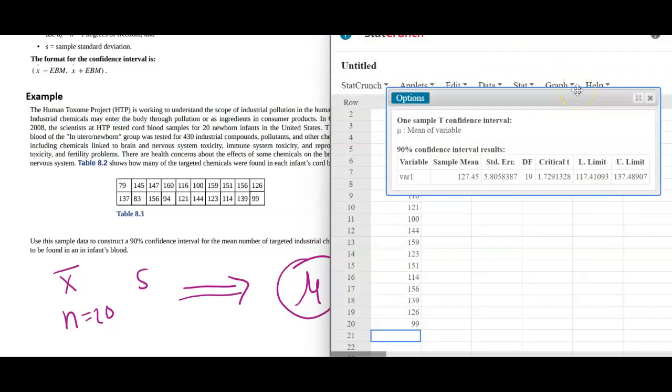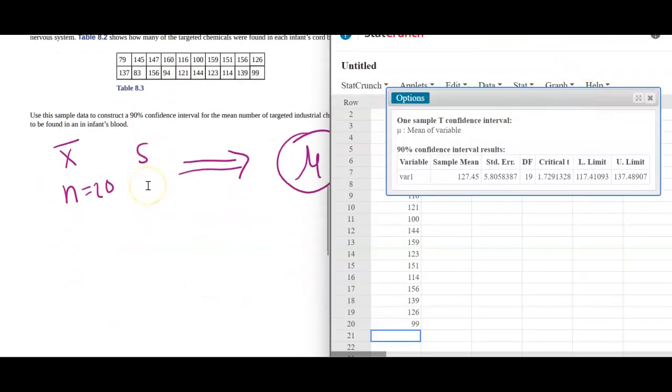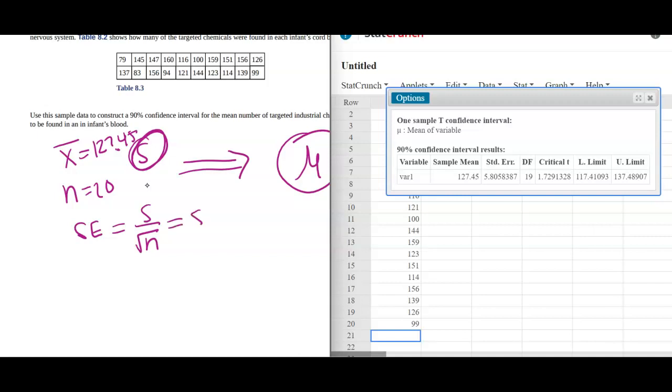Okay, so this tells me that my sample mean is 127.45. And see here how it says standard error? That's not the standard deviation. Standard error is s over the square root of n. So whatever the standard deviation is, it already divided it by the square root of n for us.